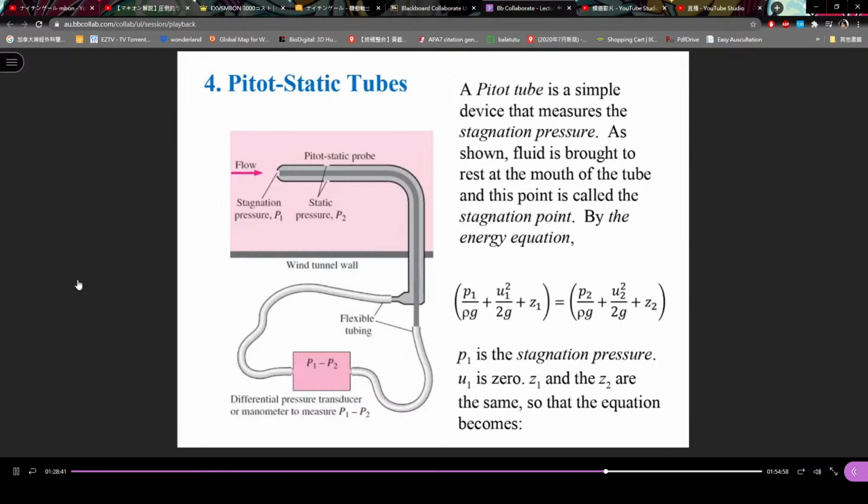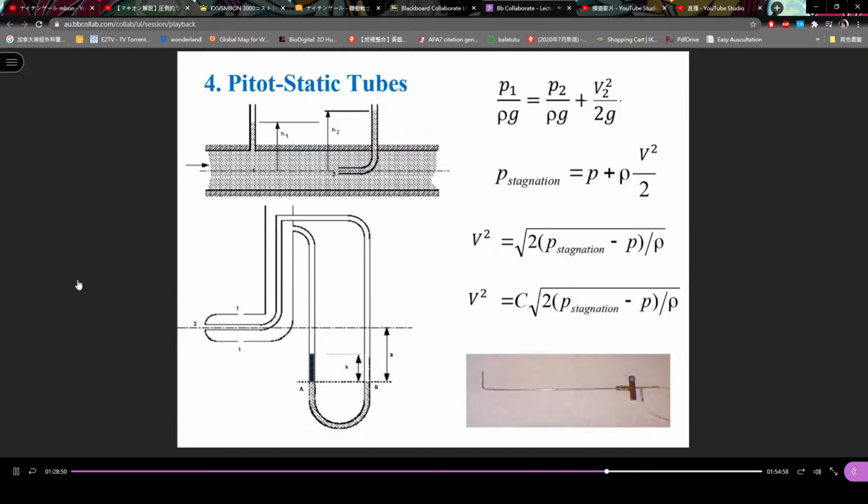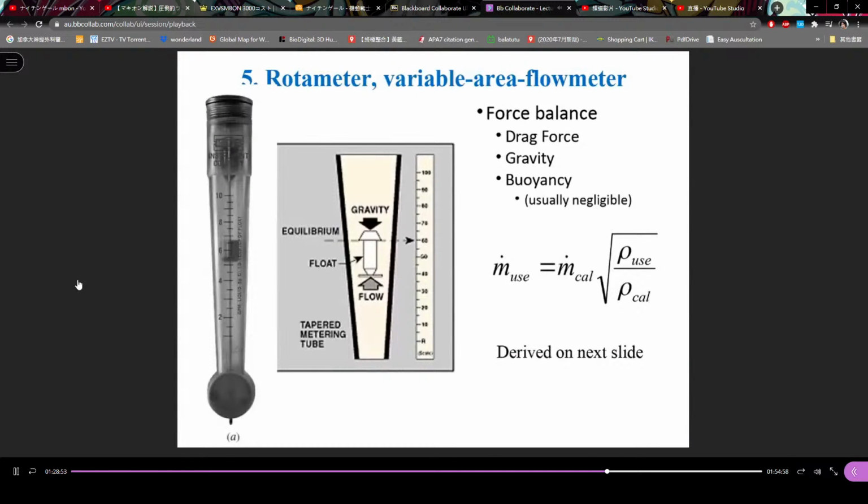But the previous 3 have a similar principle, so it's not complicated for this session. Now I want to introduce more flow meters.